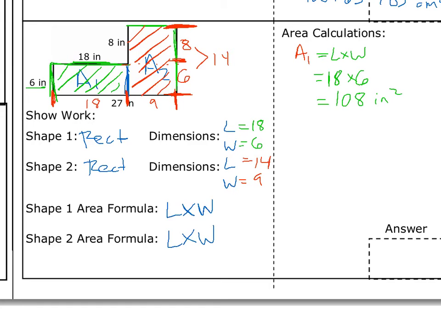And area 2 is equal to length times width, which is 14 times 9. Should be 126.